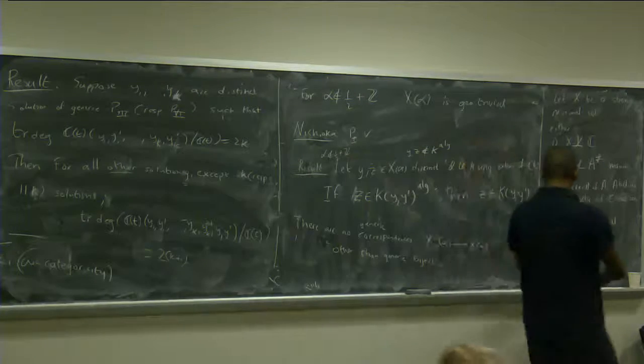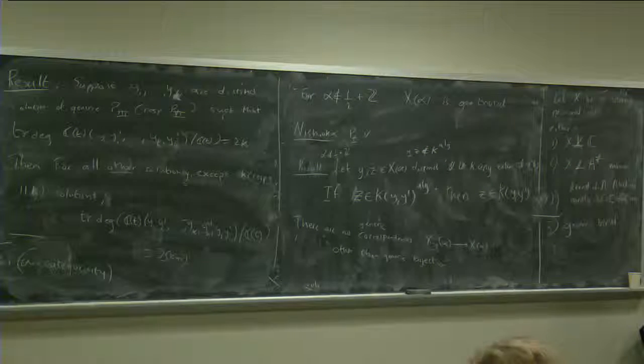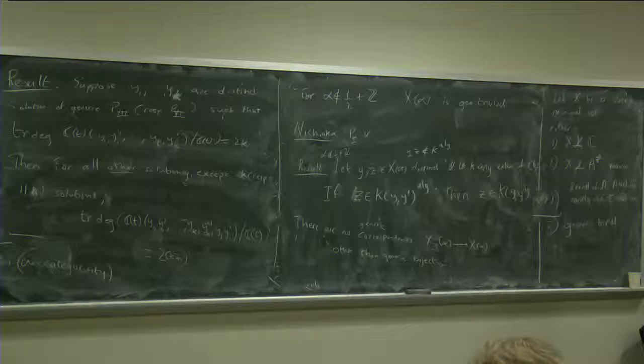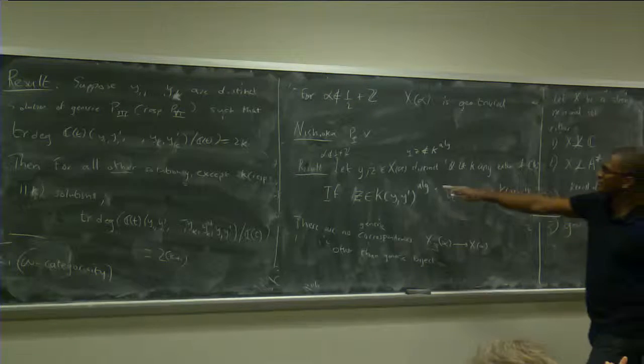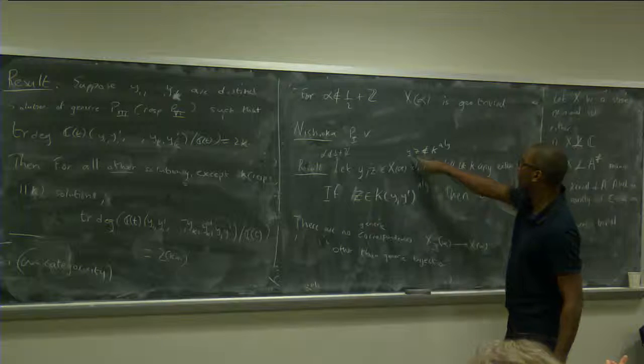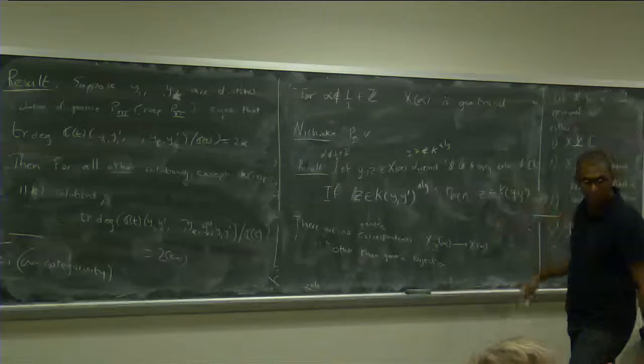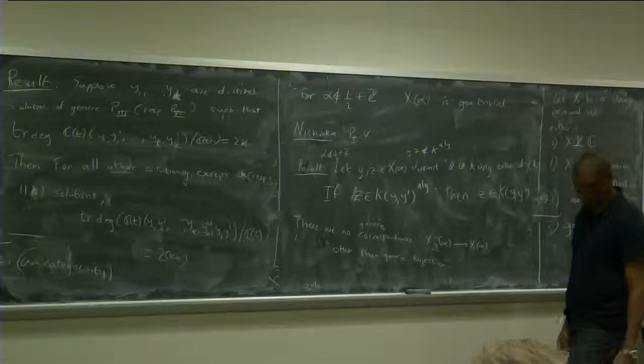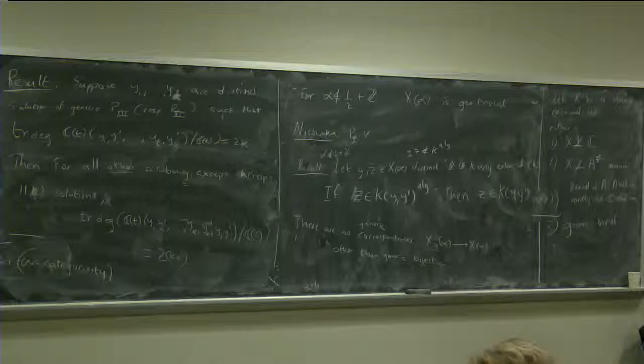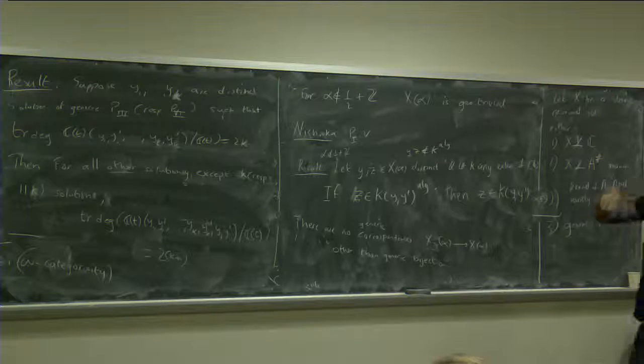It's not just y, z not in K algebra, but rather they should not be algebraically dependent over K. I mean, y could be transcendental over K, but then z could be algebraic over y, and that won't work. What I want is to take two distinct solutions which are not algebraic over K. But suppose I take one y which is transcendental, and then I take z which is algebraic over y. It will satisfy that condition. So that's the point.